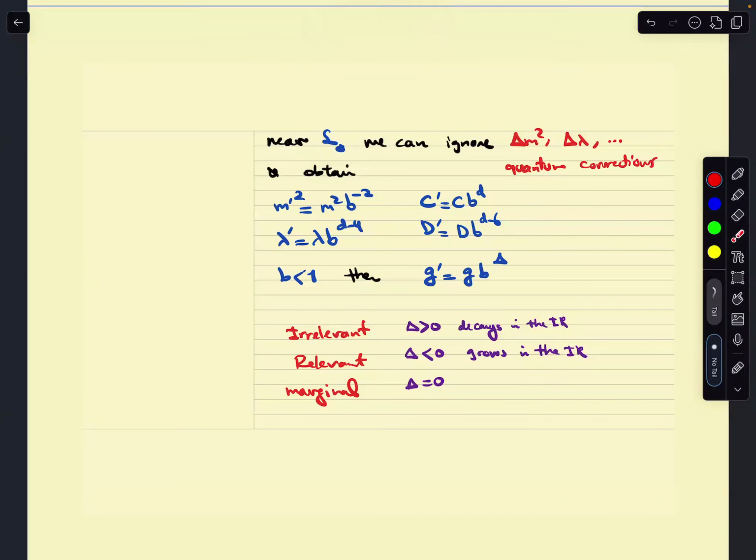In a couple of lectures, you're going to see that by using symmetry, if our symmetry group is very, very large, we could flow from a trivial fixed point to a non-trivial fixed point within perturbation theory. This is called the Wilson-Fisher fixed point. And there are analogs of them in different dimensions that we're going to discuss. But yeah, we're going to give examples of non-trivial fixed points as well.